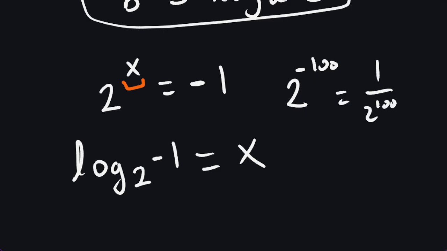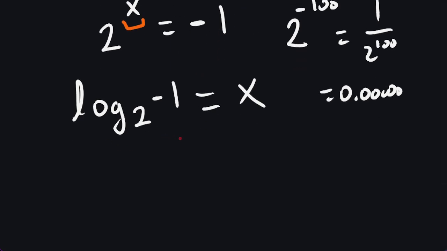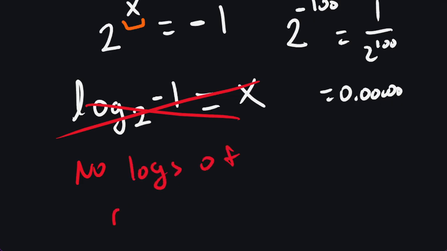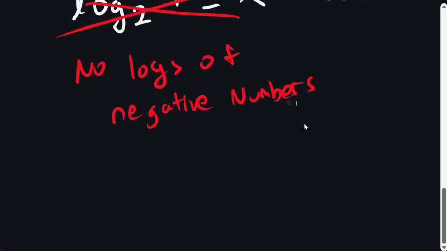It'll become a very, very small number, 0.00000..., but it will never be exactly 0. And also it'll never be negative. So the rule is you can never take a logarithm of negative numbers. No logs of negative numbers. Those just don't work. So that's an important rule.